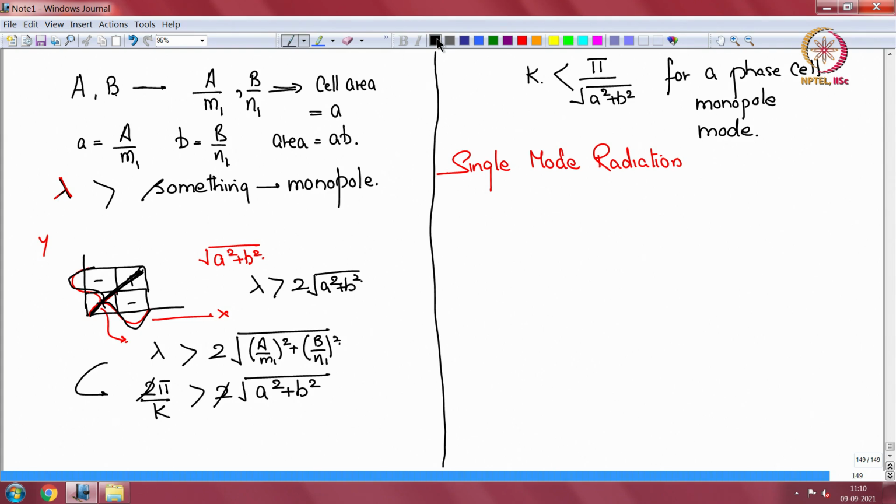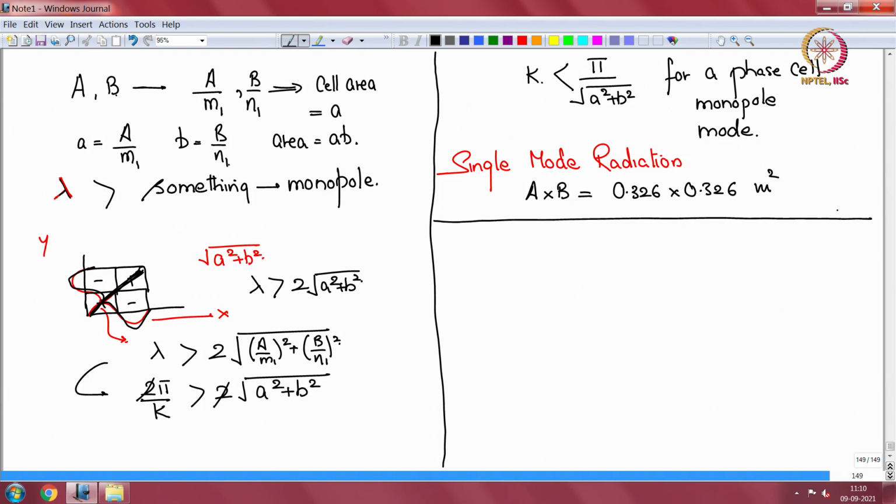So now we chose a dimension A cross B, a panel of this dimension. It's a square panel, one meter square. And let's just see some values of this lambda and k and how they satisfy.